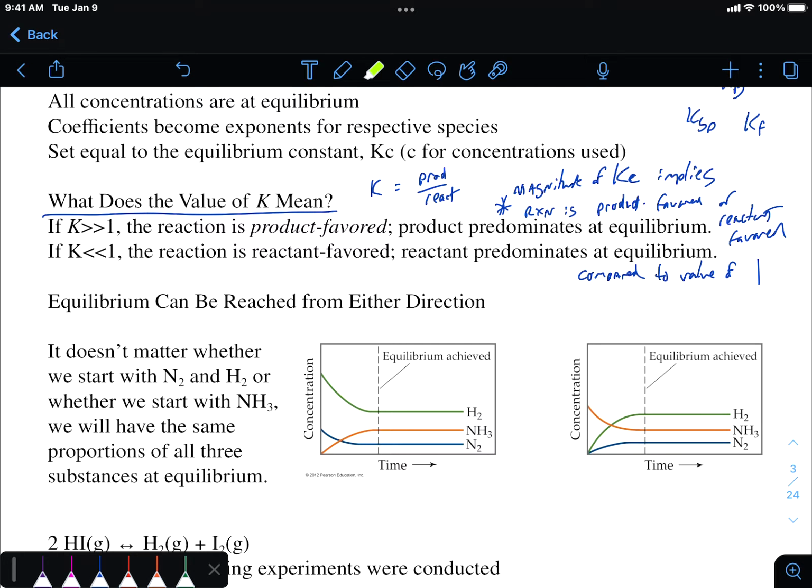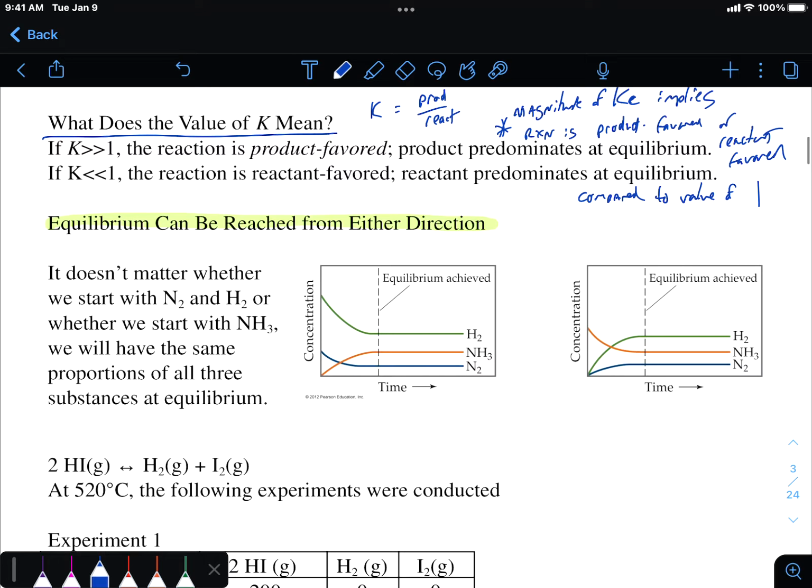Another important idea in the concept of equilibrium is that equilibrium can be reached from either direction. What that means is when you write a chemical reaction that is capable of equilibrium, equilibrium can be attained whether you start with reactants or whether you start with just products.